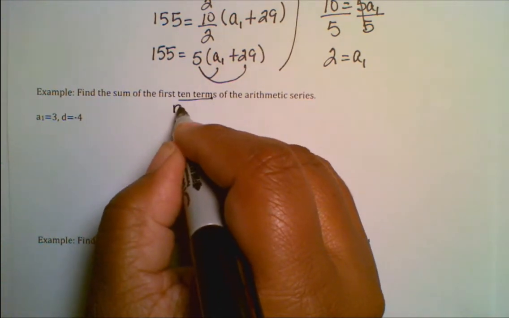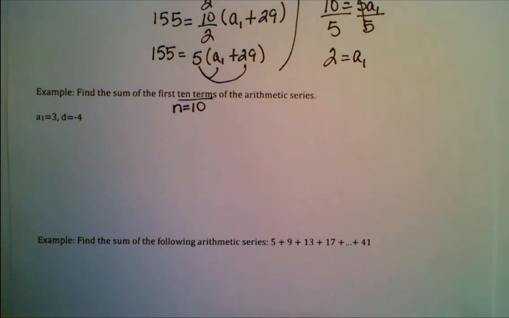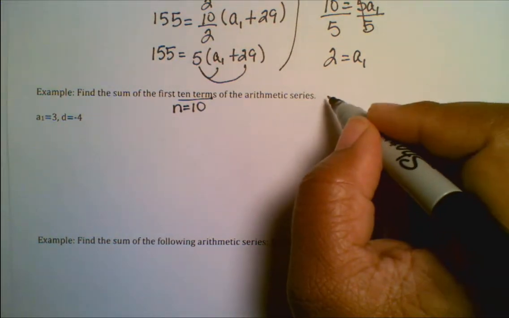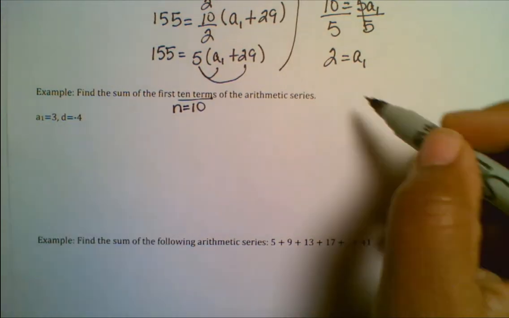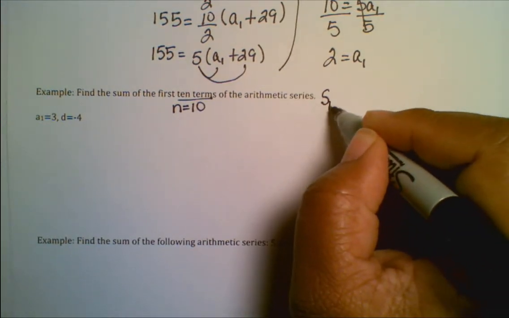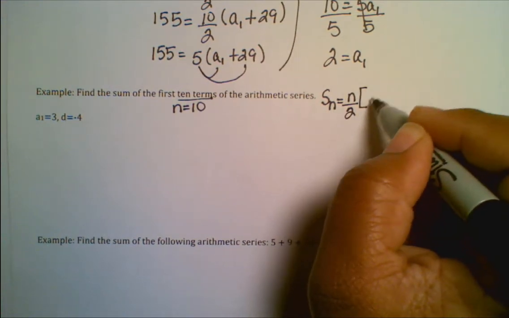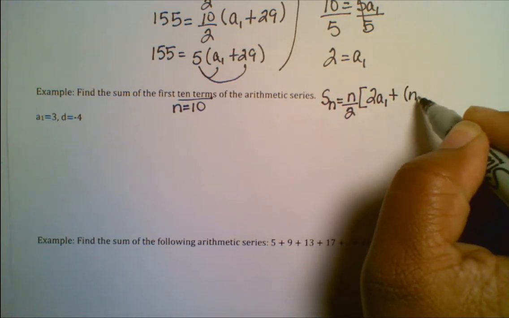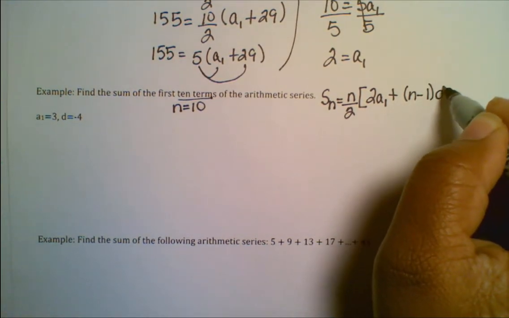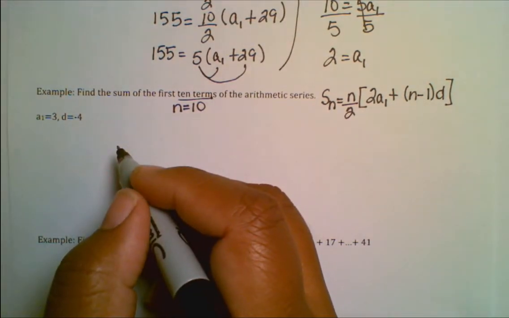So n would be 10. So the formula that we're going to be using, since we're given n, d, and the first term, will be our second formula. S sub n is equal to n over 2 times 2 times a sub 1 plus n minus 1 times d, and we close everything.